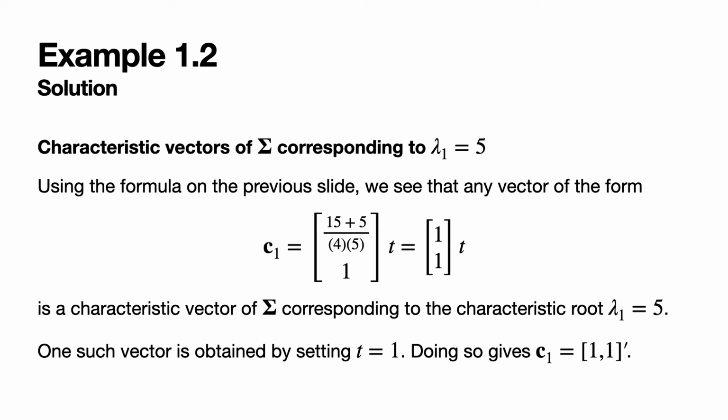In the 2, 1 position, we have 1 as well, and then we multiply that by t. So any vector of that form is a characteristic vector of cap sigma corresponding to the characteristic root lambda 1 equal to 5. Now, one such vector is obtained by setting t equal to 1. Doing that, we get a characteristic vector C1 equal to the vector containing 1 and 1.